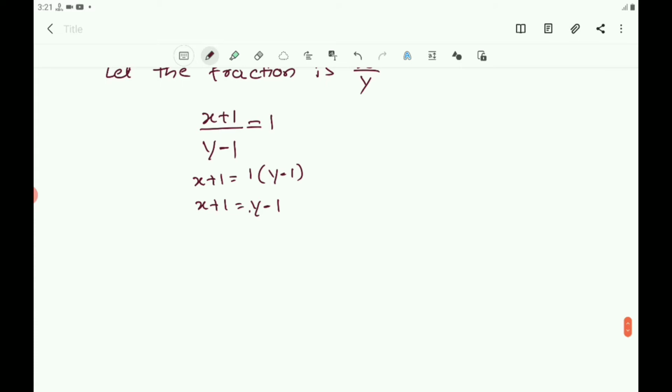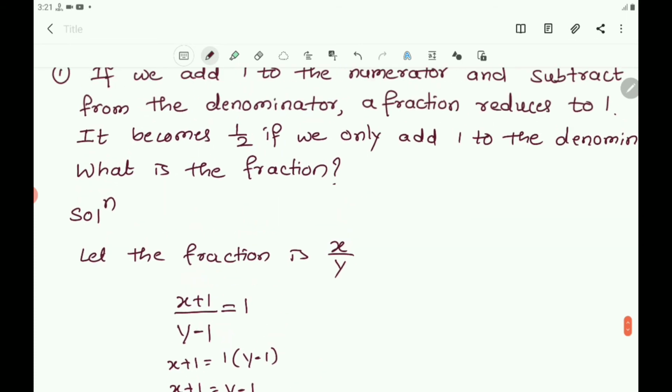Then the relation becomes x minus y is equal to minus 1 minus 1. Bring the variable y to the LHS to get the standard form to solve the equations by the elimination method. So it becomes x minus y is equal to minus 2. Consider this the first equation you got from the first situation.